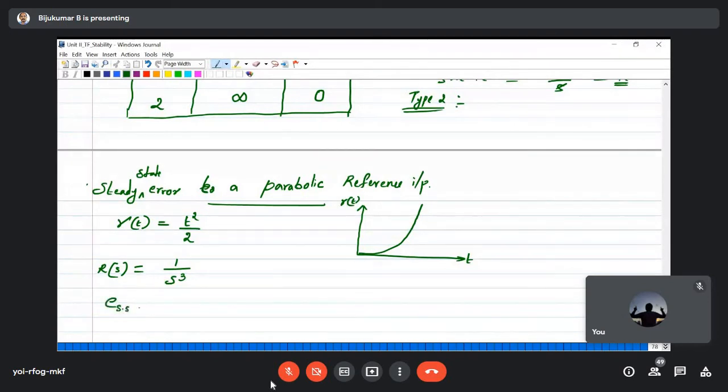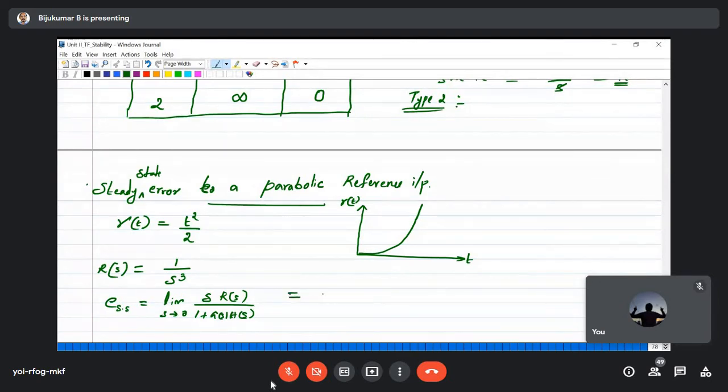Okay, now we can calculate the steady state error. What is the equation for steady state error? It is limit s tends to 0, s multiplied by R of s divided by 1 plus G(s)H(s), where G(s)H(s) is the open loop transfer function, right?